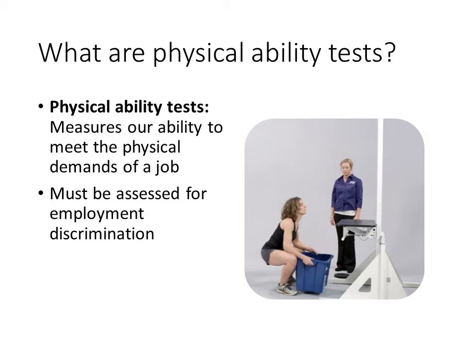It's really important that these tests be validated and assessed for employment discrimination. Older applicants may be at a disadvantage due to the natural loss of muscle, stamina, and flexibility. Female applicants may also be at a disadvantage due to biological differences, like less muscle mass and less stamina on average.